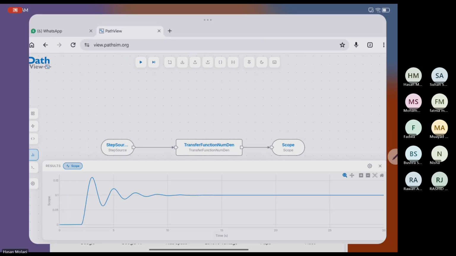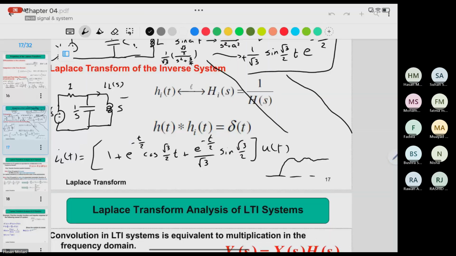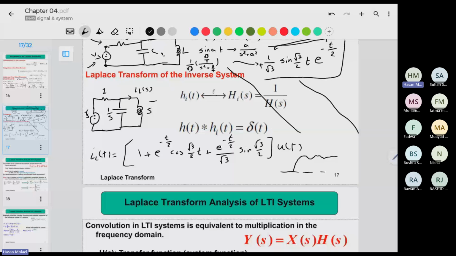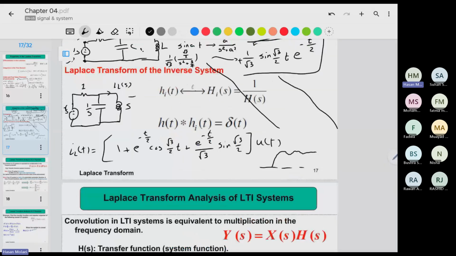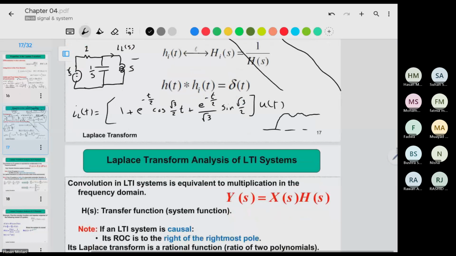So as you saw, it doesn't matter what kind of system we are dealing with. We can model every system which is defined by a differential equation, we can find the transfer function, and you will see in the next chapter how we can control some parameters of different systems.